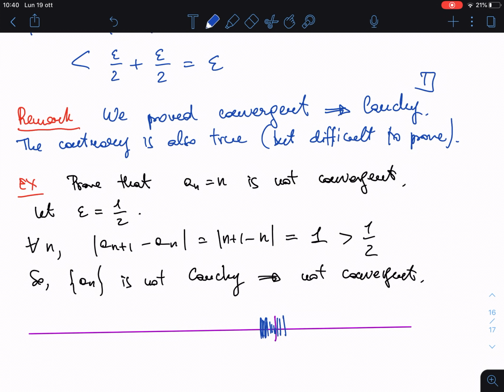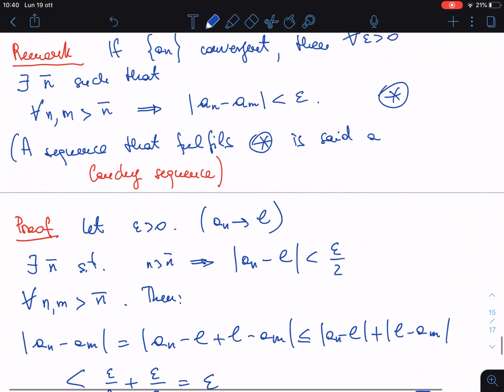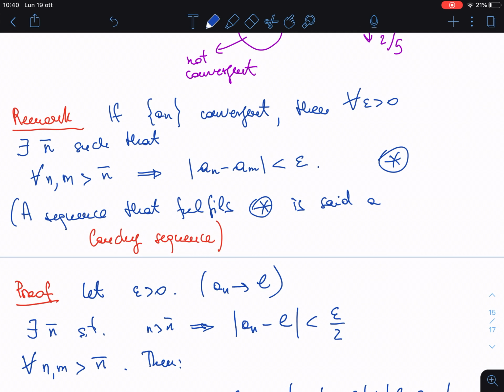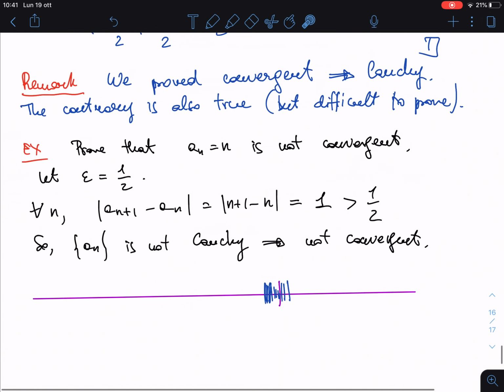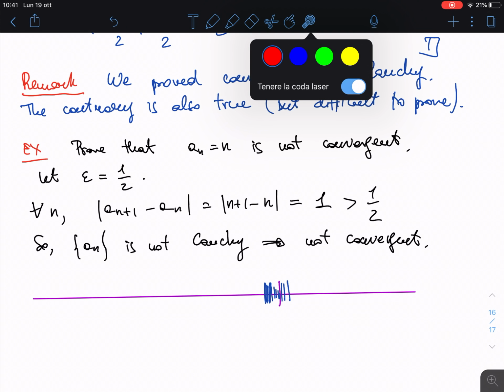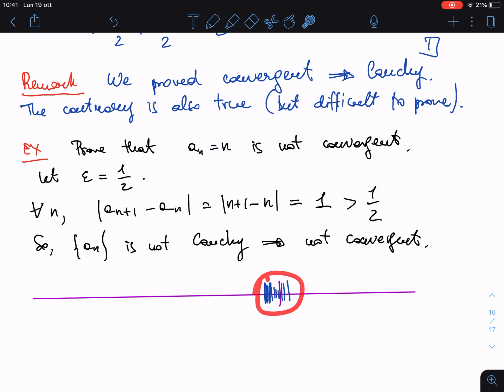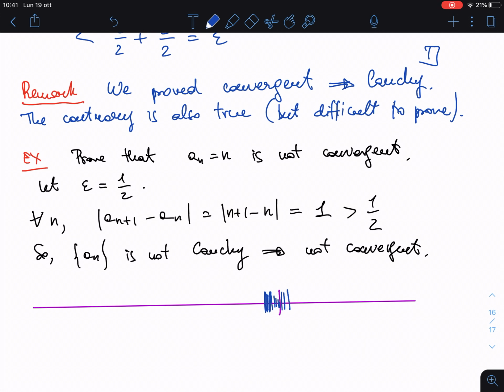It is not so easy to prove the contrary. So if they accumulate exactly in the sense of this definition, then the sequence is convergent. But it is true. Of course, this phenomenon of accumulation of the elements of the sequence does not occur for a_n equal to n.